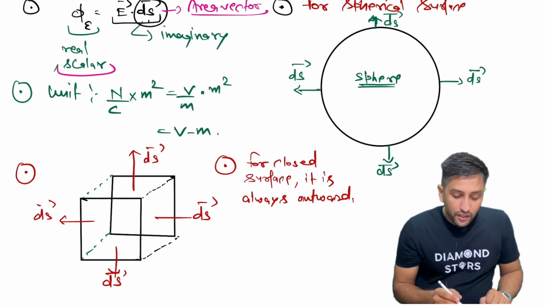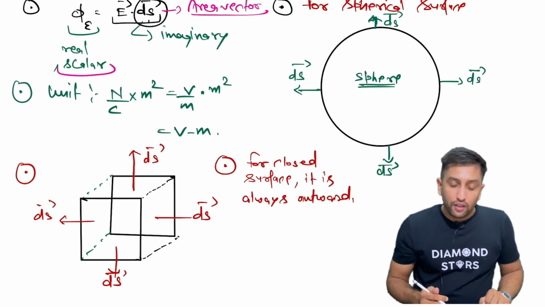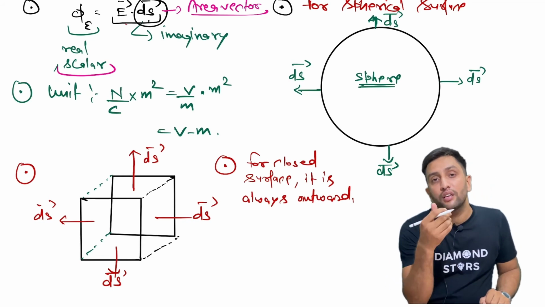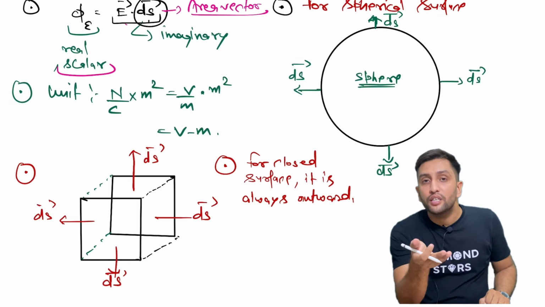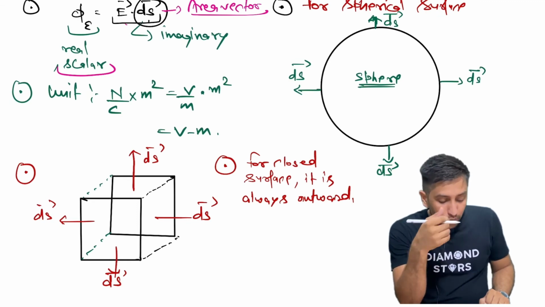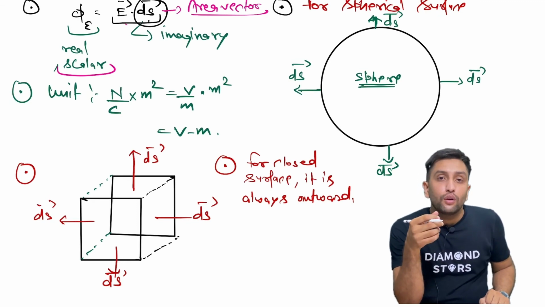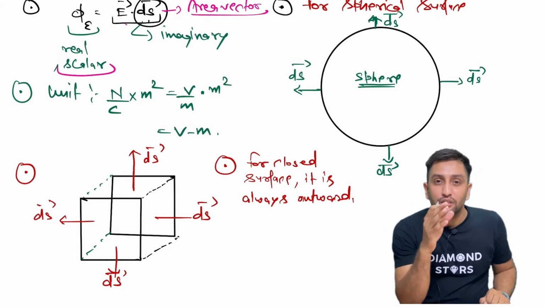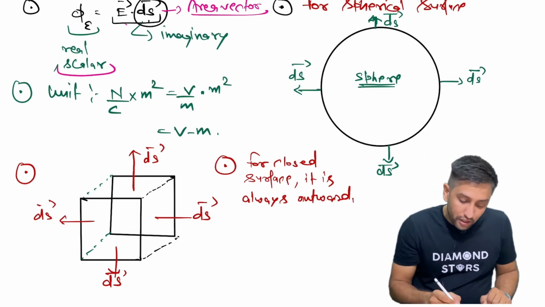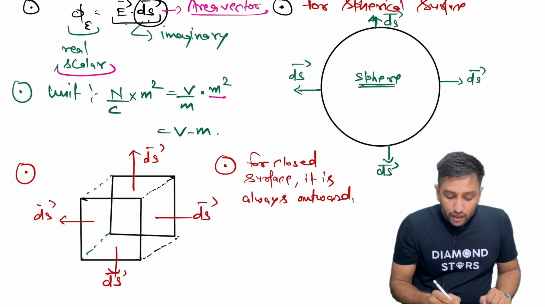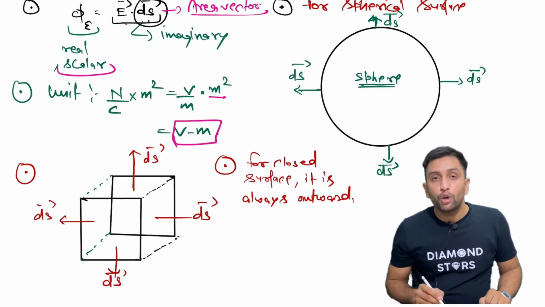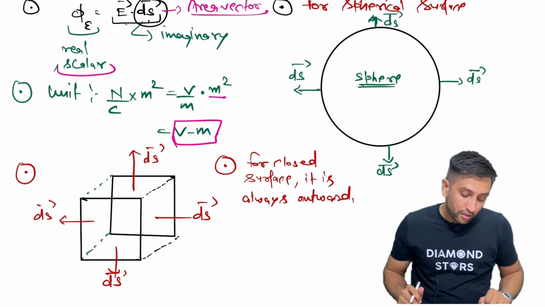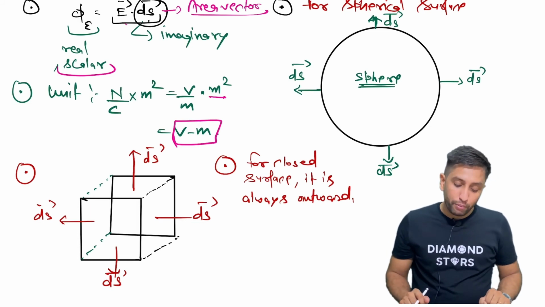When you talk about the unit, electric field has Newton per coulomb, area is in meter square, and when you put the value of electric field in terms of volt and meter, that means dV by dr, volt per meter into meter square, it will remain as volt meter. So electric flux has the unit volt meter.